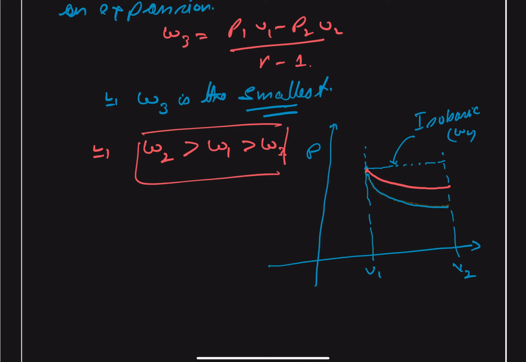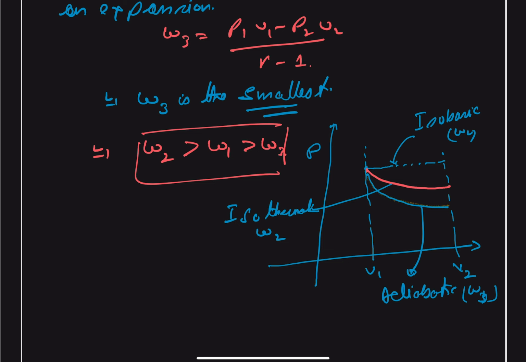The middle curve is our isothermal, whose work done is represented as W1, and the lowest one is our adiabatic, whose work done is represented as W3. So this is the basic idea about the plotting of the graph.